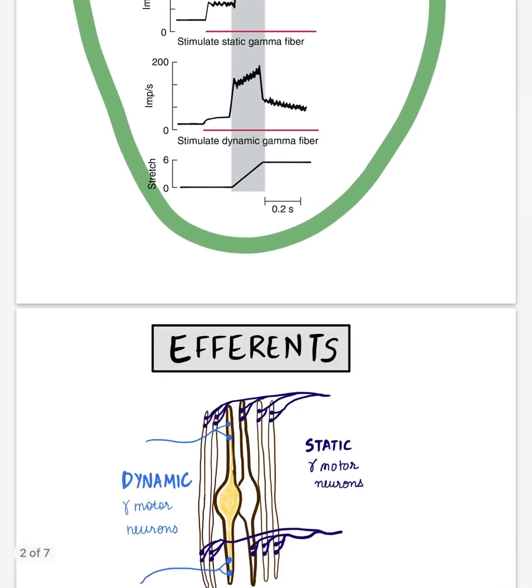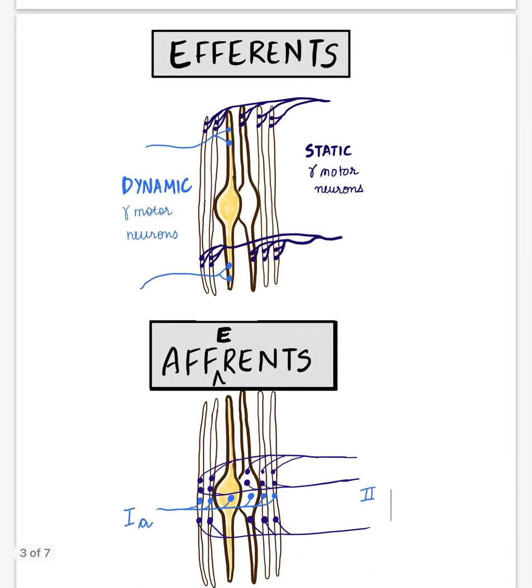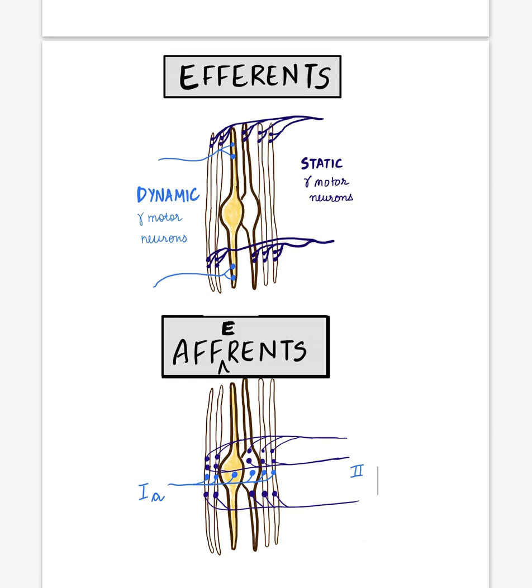So let's just quickly revise the efferents and afferents for the muscle spindle intrafusal fibers. So efferents are of two types: the gamma motor neurons, static gamma motor neurons, and dynamic gamma motor neurons.